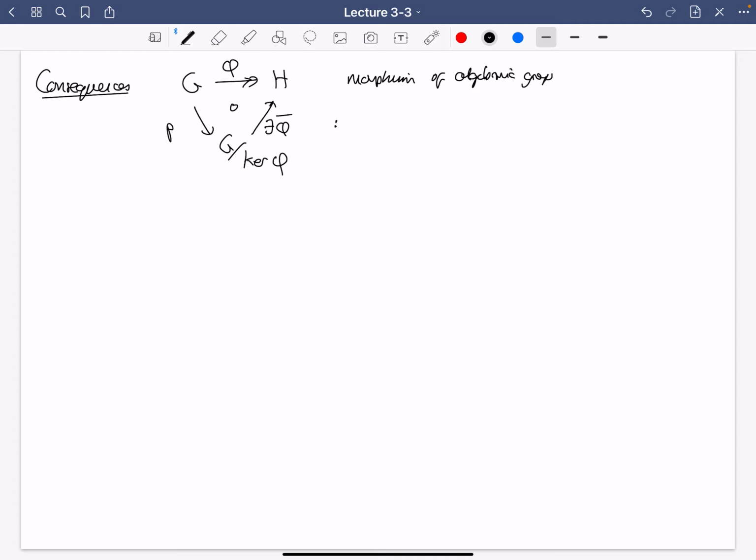So the universal property that I just wrote down, in this case, this phi bar, which is always an isomorphism of abstract groups, is an isomorphism of algebraic groups when the characteristic is 0 because everything is separable.